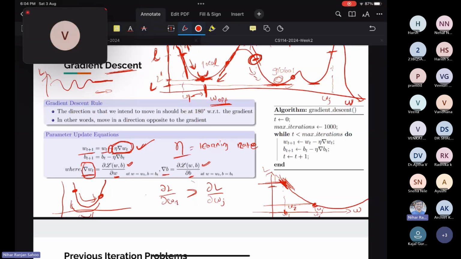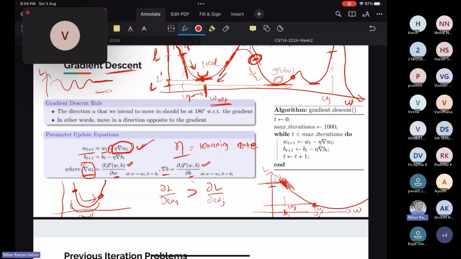If you're not multiplying anything, we're completely considering delta W, let's say 1 into delta W. If we know the oscillations are really high, we can reduce them by multiplying by the learning rate.